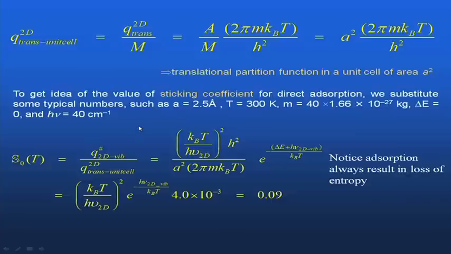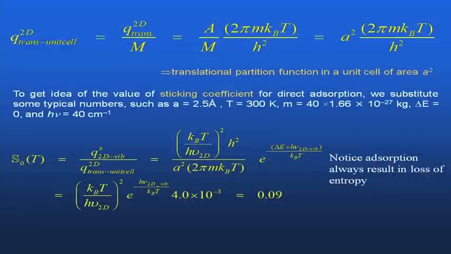Now, to get an idea of the value of the sticking coefficient that I talked about for direct adsorption, we substitute some typical numbers and see what comes out. Whether this is very close to unity, or less than unity, or maybe much less than unity, we would like to know for some typical situation.